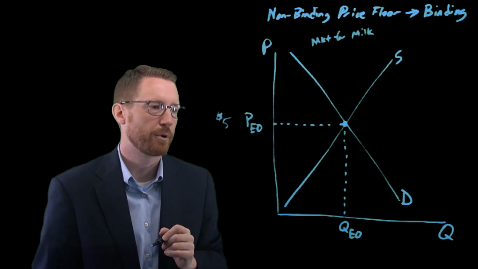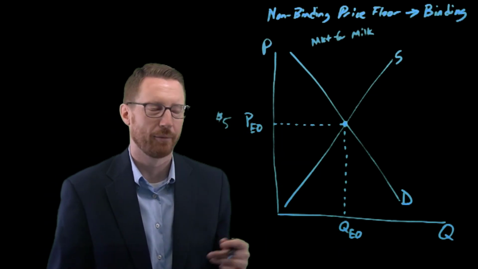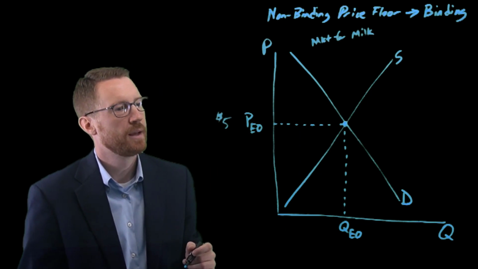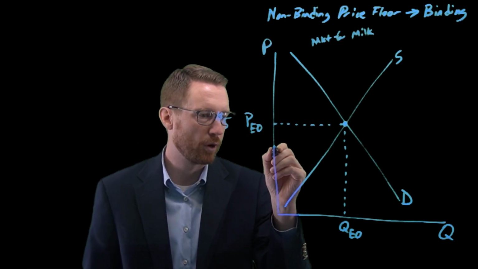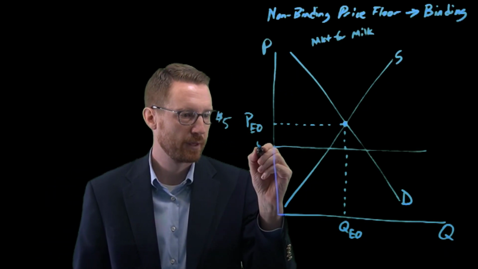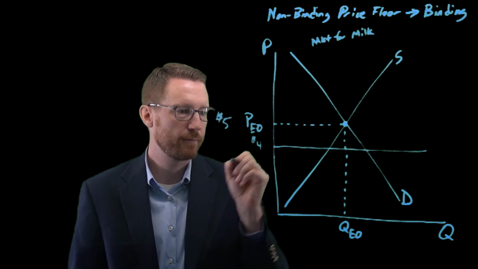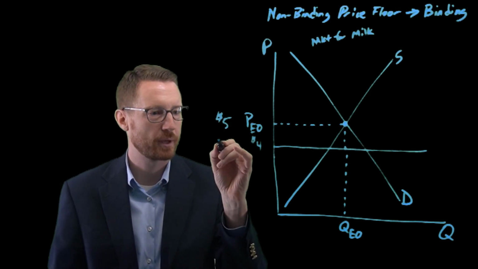We're just using round numbers to make this easy. So maybe it's $5 a gallon. And the government has put in a price floor of $4. So they said, okay, $4 is going to be a minimum price of milk.